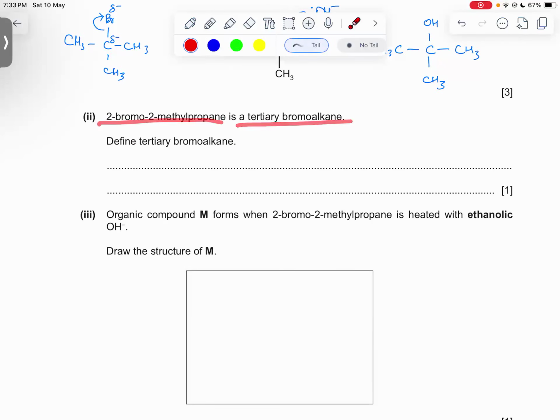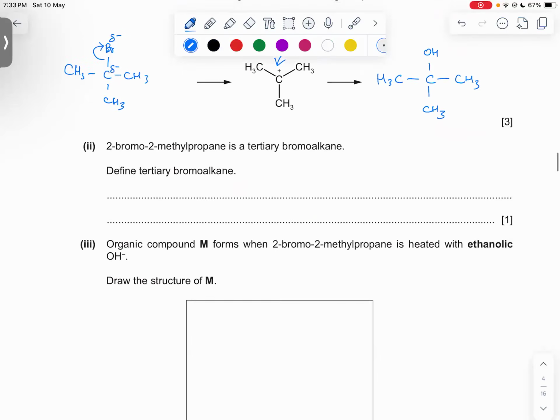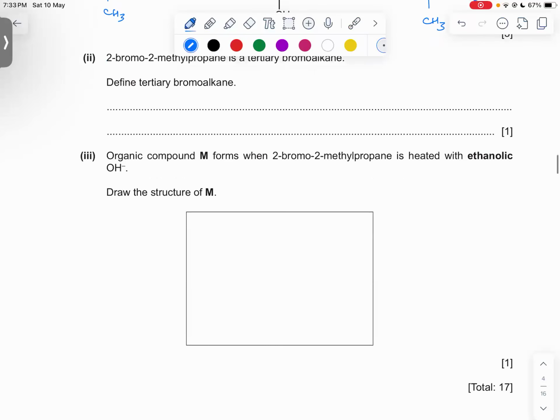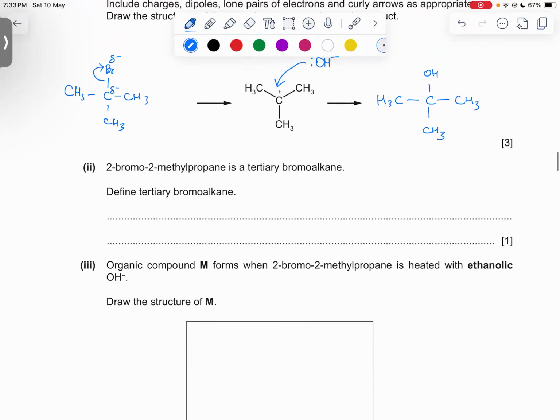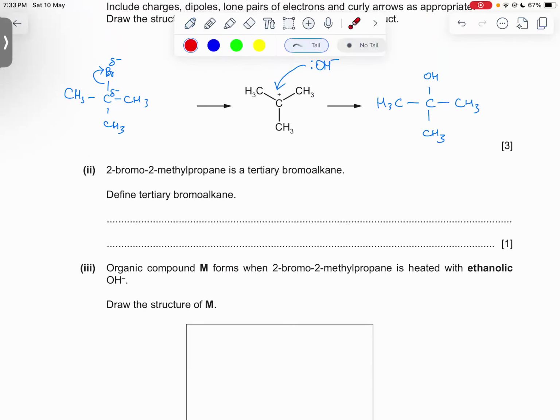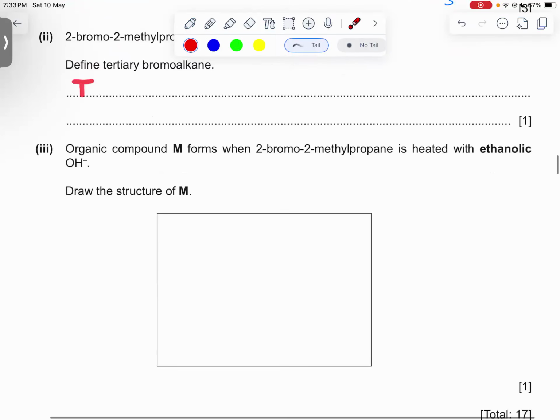Next, 2-bromo-2-methylpropane is a tertiary bromoalkane. Define tertiary bromoalkane. A tertiary bromoalkane would be defined as a bromoalkane whose alpha carbon is joined to 3 other carbons. The alpha carbon is not a concept that is in A levels, so we don't use the word alpha carbon.